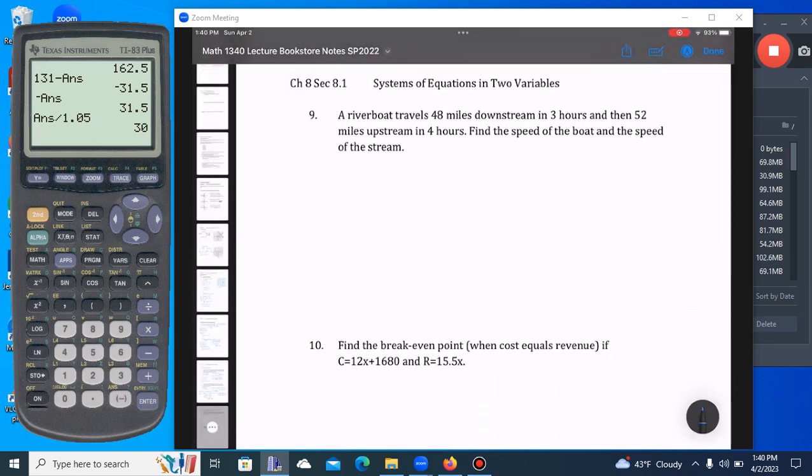Next one, a riverboat travels 48 miles downstream in 3 hours, and then 52 miles upstream in 4 hours. Find the speed of the boat, speed of the stream.